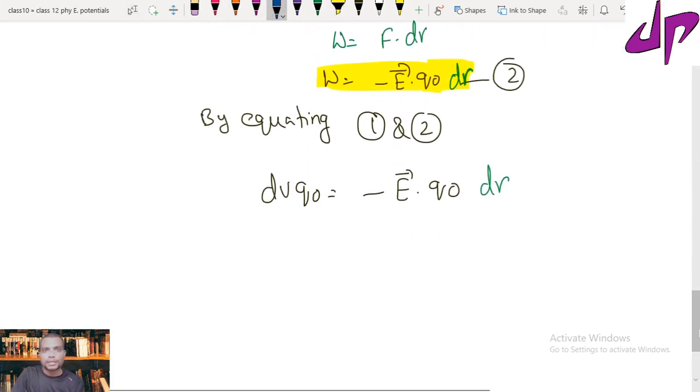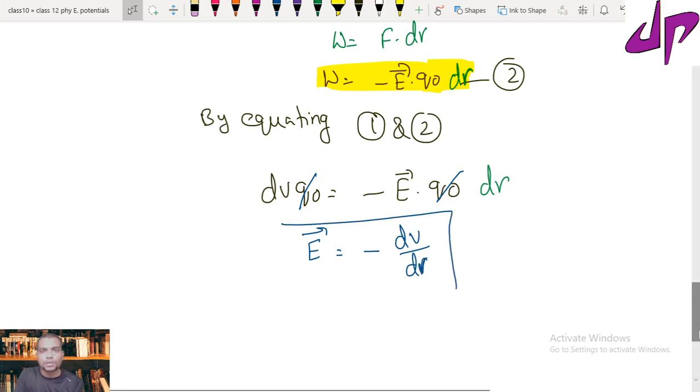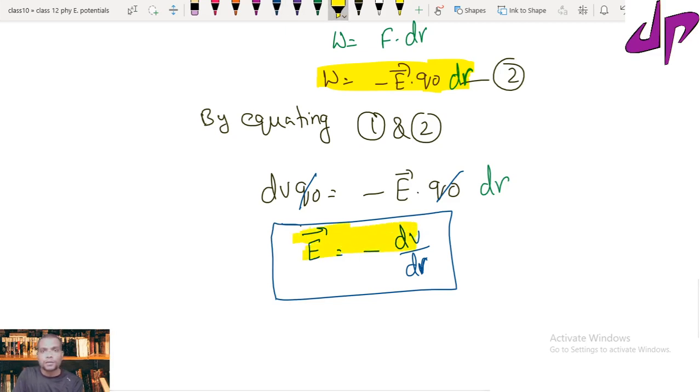Now the Q naught test charge gets cancelled. Now we can write the electric field E bar equals negative dV by dr. So this is the electric field and potential relation.